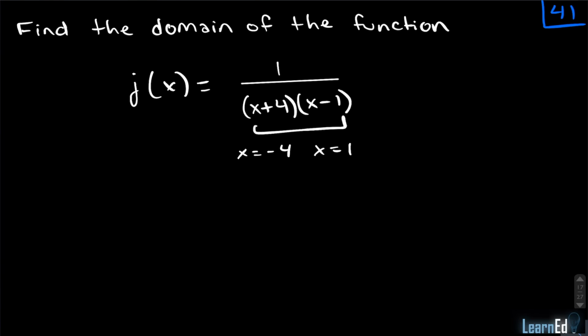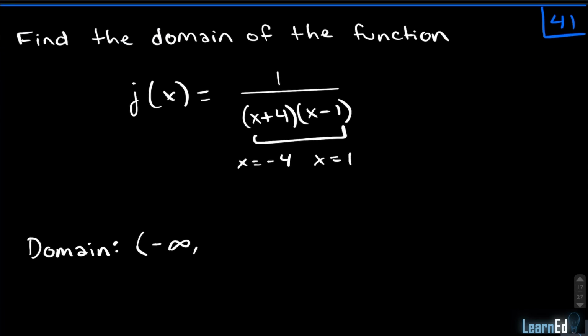So if you want to write the domain in interval notation, which I should have asked for specifically, what you want to do is just write, you start off from -infinity, right? And you have a parenthesis there because you don't include infinities. You also don't want to include your next point, which is -4, because you don't have anything at -4. Remember, you get a 0 in the denominator.